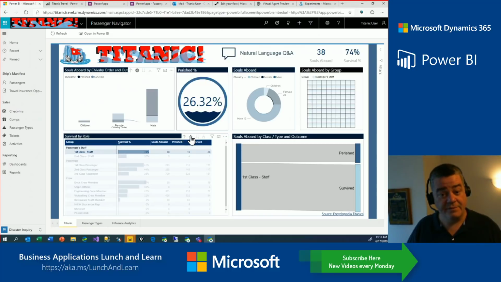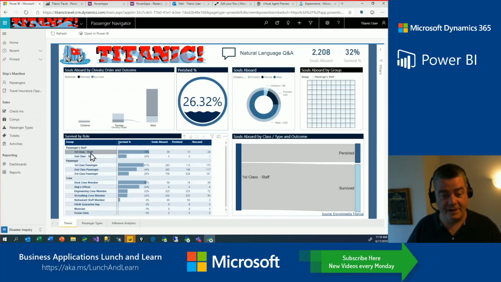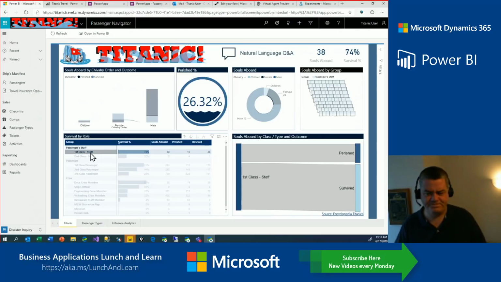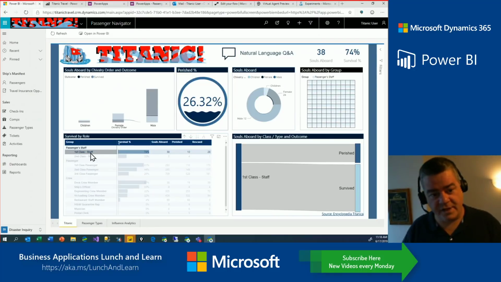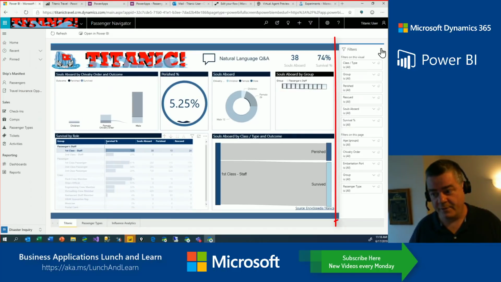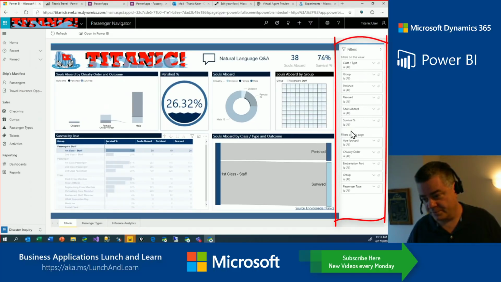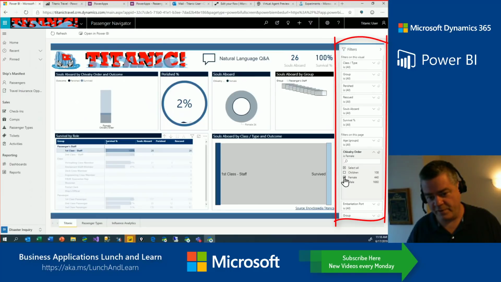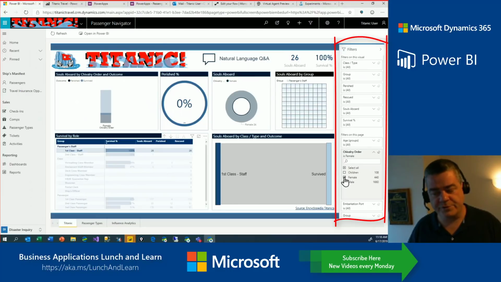The interesting thing is, if you were a first class passenger staff member and you were female, let me open up the filter pane on the right, and we can see the gender groups. I'll open that up and filter to just one particular group. And the females within that group, 100% of the ladies who were on the boat who were first class staff members survived.